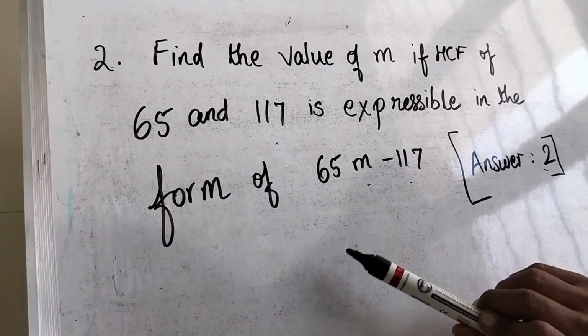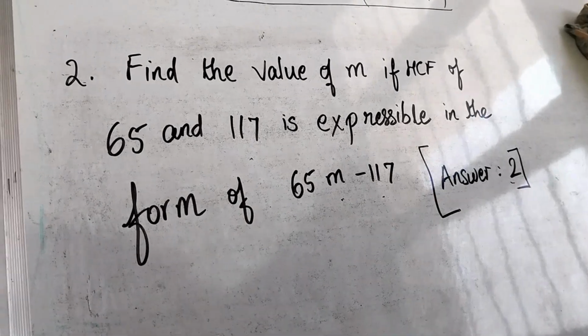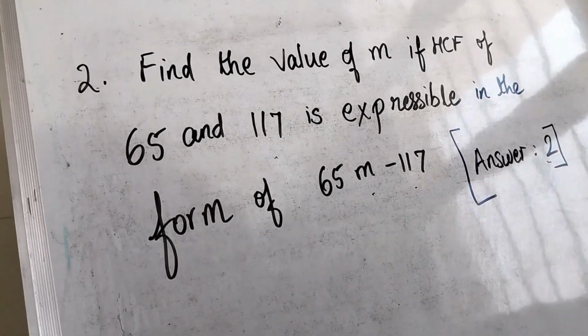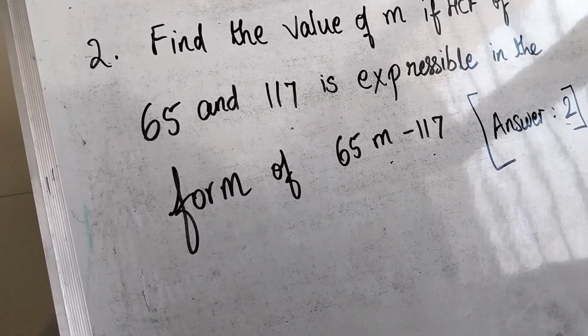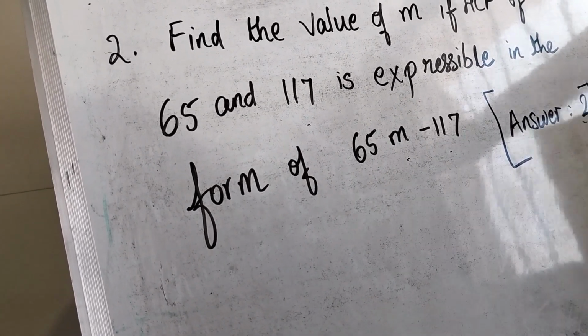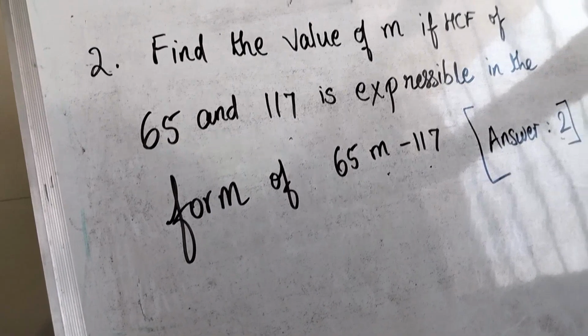Find the value of m if HCF of 65 and 117 is expressible in the form of 65m minus 117. So your answer is 2. The third question.